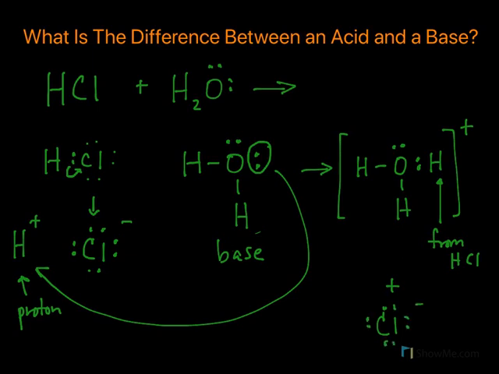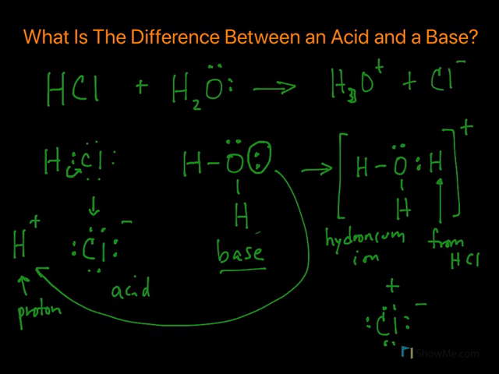Again, chlorine minus. So the base accepted the proton, and the acid gave away the proton. So your products are the hydronium ion. This is called a hydronium ion plus the chloride anion.